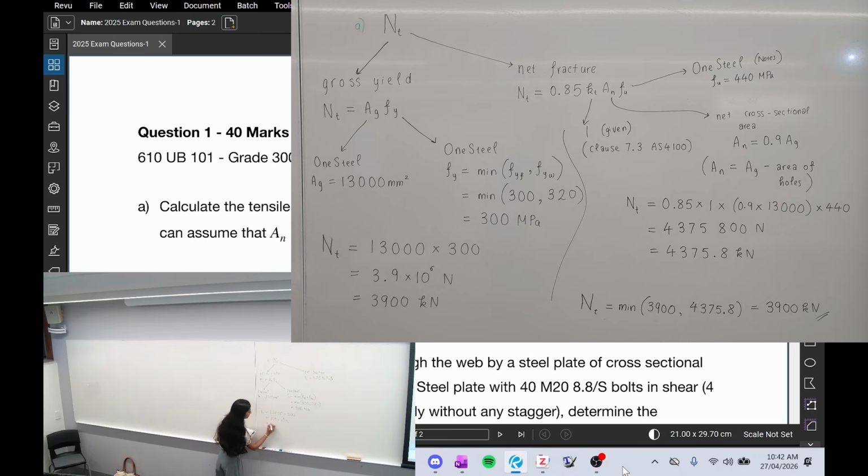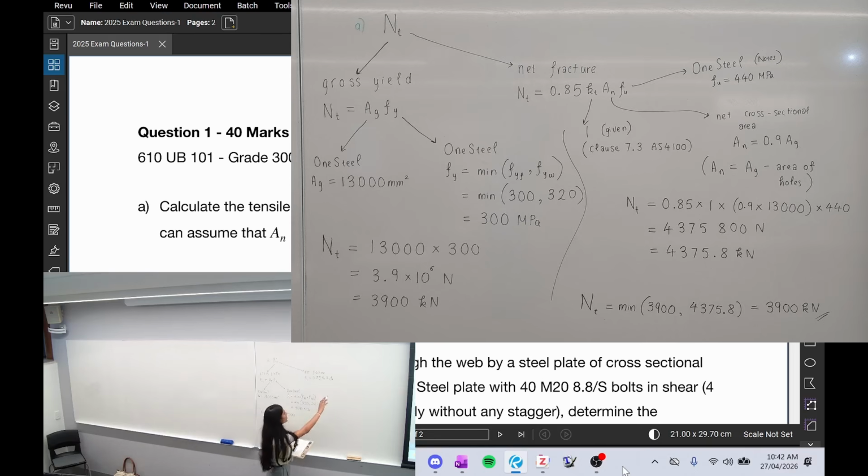If you want, you can convert that to kilonewtons, so that will be nearly 4,000 kilonewtons. Does anyone have any questions so far? Good. Do you guys want a second to write that down? Are you okay? I'll keep going.